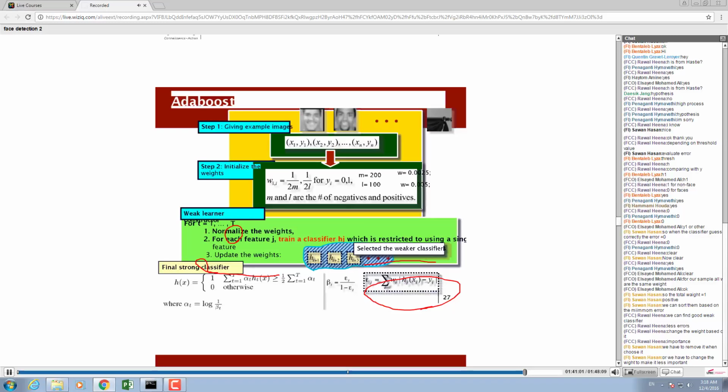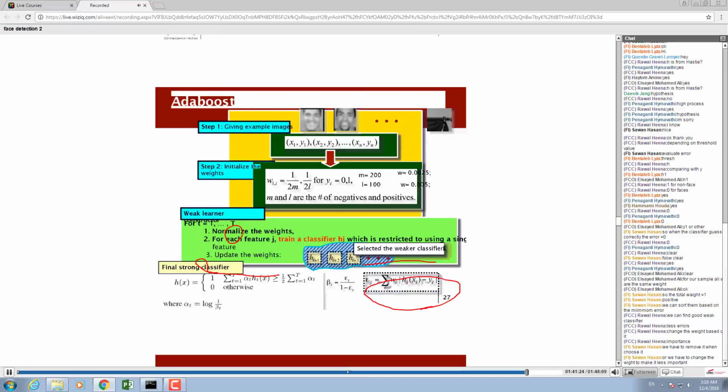Then it can change the selection, because the error has changed, right? So the best weak classifier can change or may not change. We don't know yet, but normally it can change.